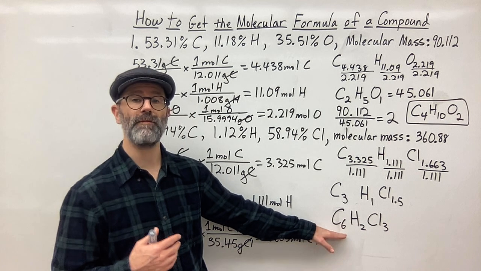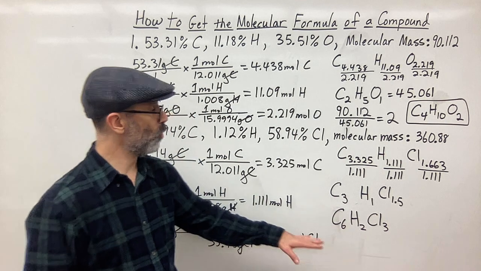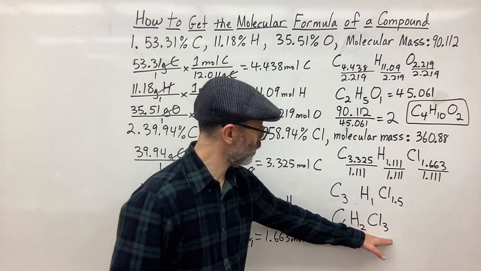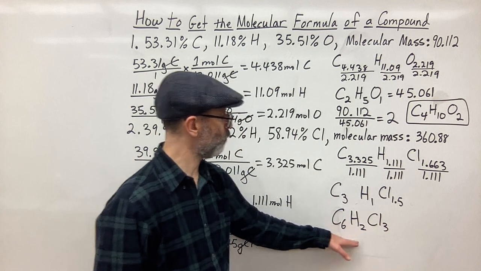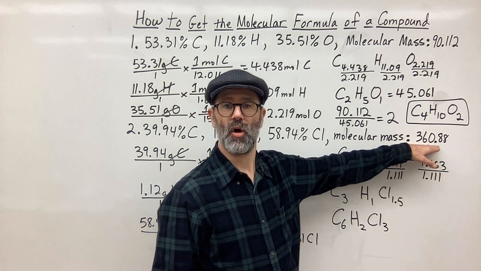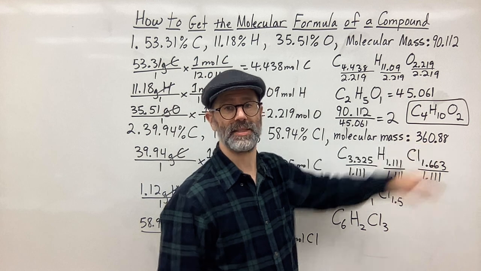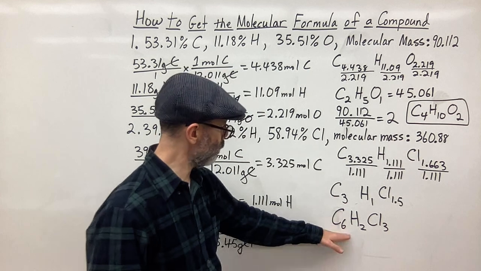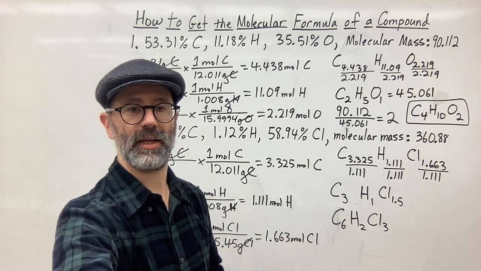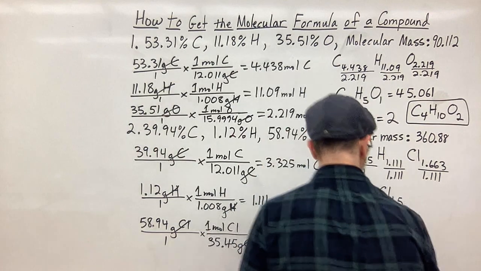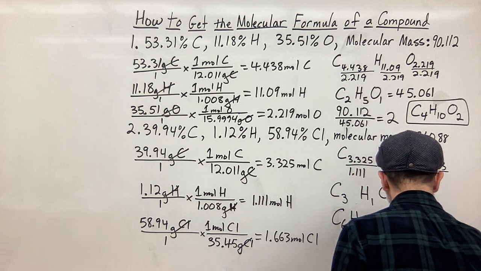But again, we want to find the molecular formula. So we need to calculate the molar mass, or the formula mass, of our empirical formula and compare that to the molecular mass that they gave us. When we calculate this formula mass, we get 180.432.